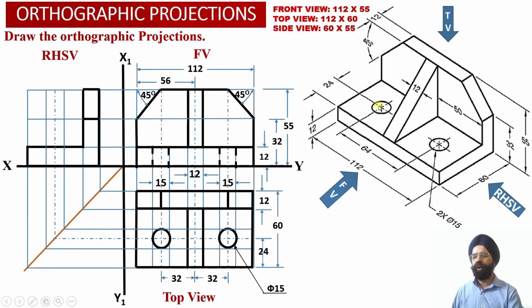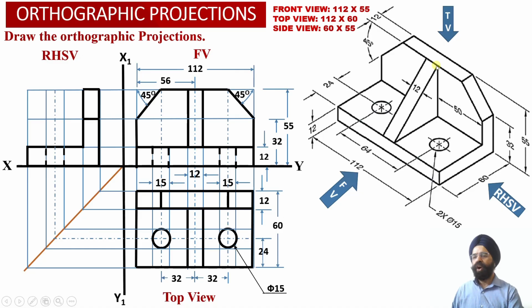And another thing we observe over here, there are 2 circular holes which are aligned with each other into the side view projections. So these 2 holes will be overlapping with each other. So into the side view, we are going to obtain hidden line projections corresponding to these 2 circular holes having diameter equal to 15 millimeter.